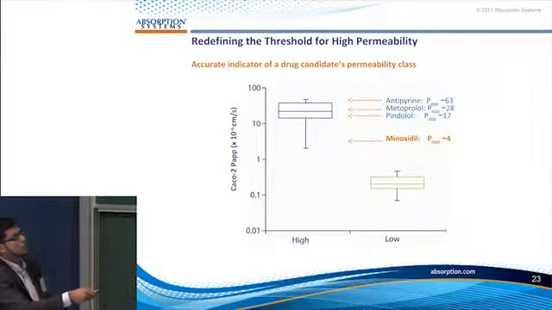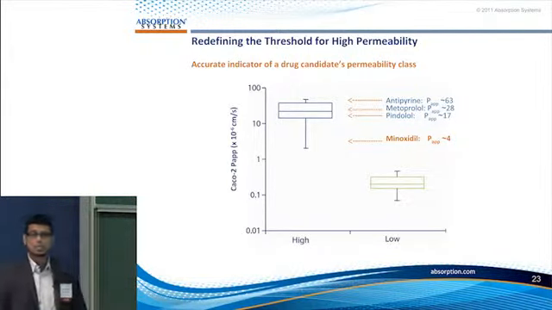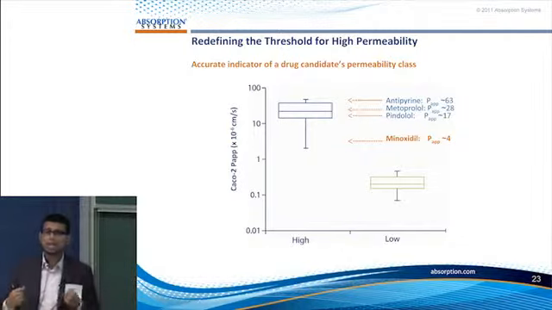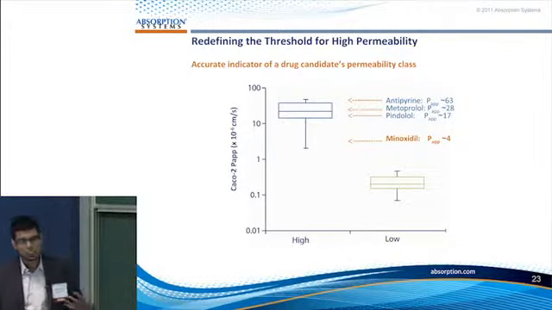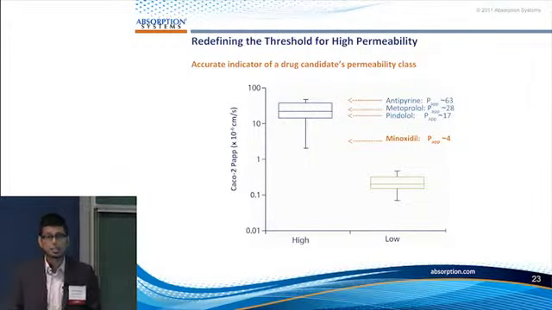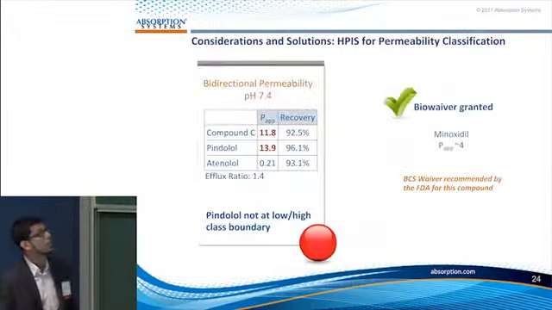So we recognized that using pindolol, there was a conflict between the in vitro and the in vivo result. And this was not the first instance we had seen this. We had seen other instances where data was just not correlating. So it made us think that maybe there is a better HPIS at the proximity of the low-high class boundary.